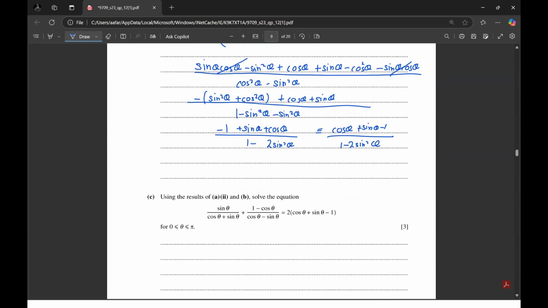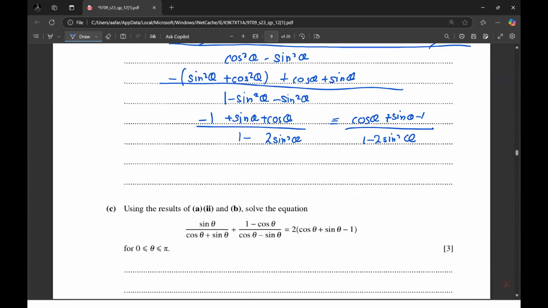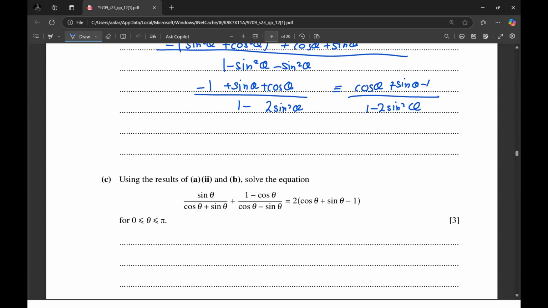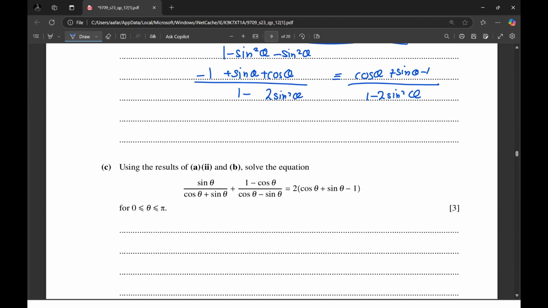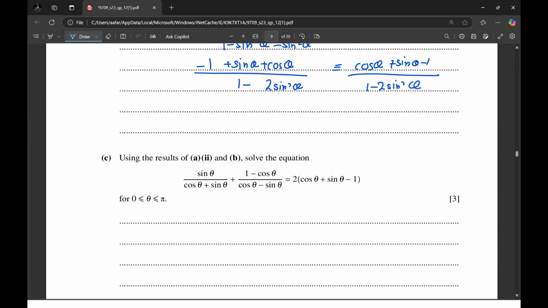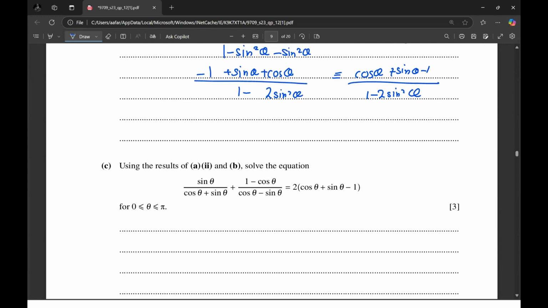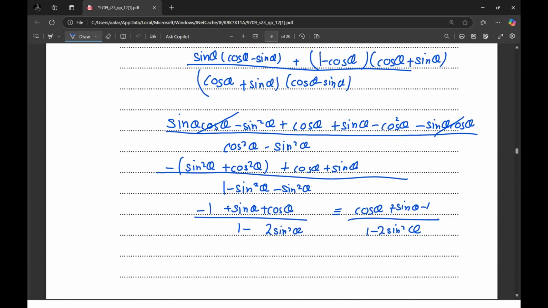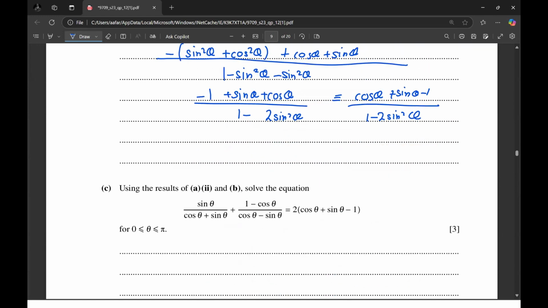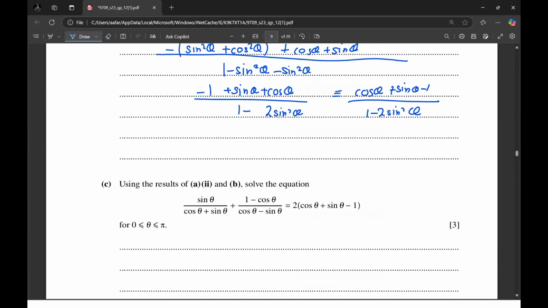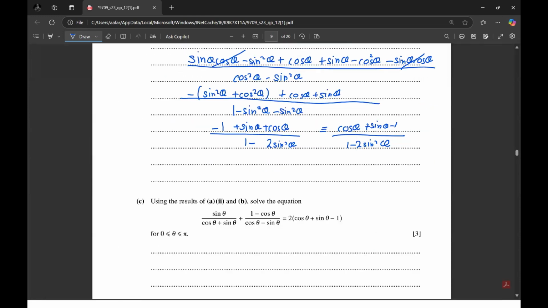Sin theta cos theta plus sin theta plus 1 minus cos theta plus sin theta is equal to 2, cos theta plus sin theta equal to minus 1, for 0 to theta 2 pi. So we figured that out, and they've also asked us to solve the equation.